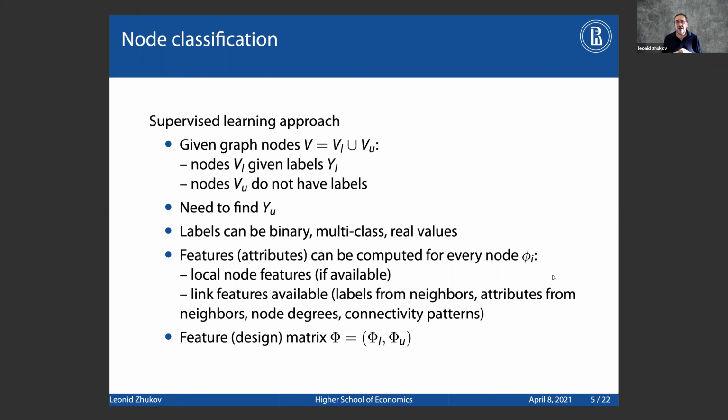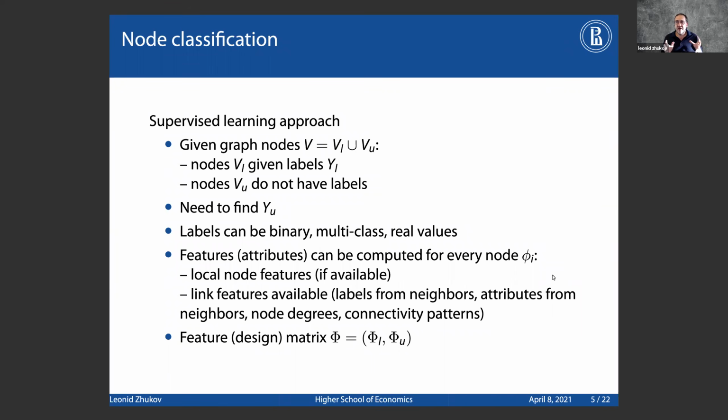So for every node, we can compute features. The node can have all kinds of attributes, and we can calculate those local features. But we are mostly interested right now in how we can use link features, right? So the features that come from the connectivity pattern, the features that come from nearest neighbors, the attributes of the neighbors.